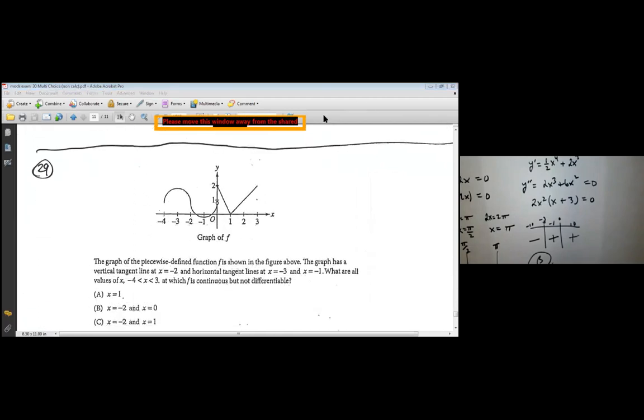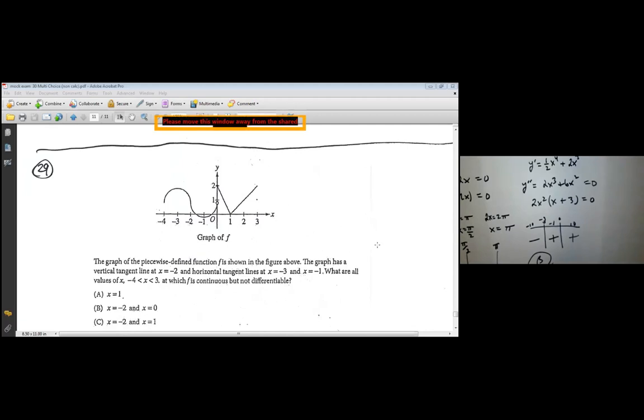29. The graph of the piecewise function f is shown above. The graph has a vertical tangent line at -2, and horizontal tangent lines at those points. What are all the values where the function is continuous but not differentiable?